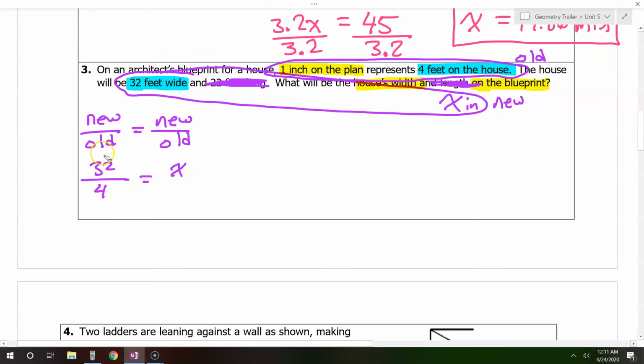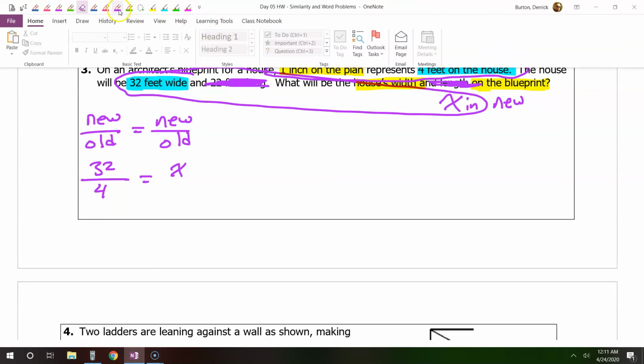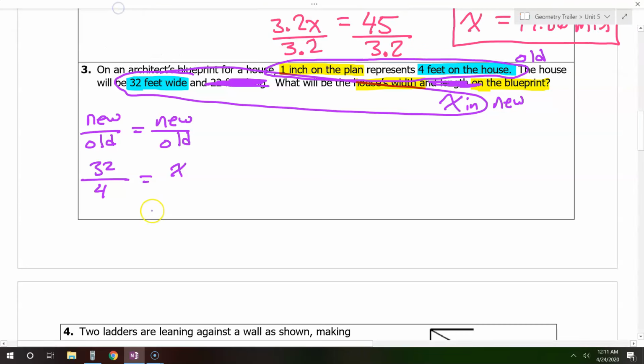So really, all we are doing is dividing by 4, which you can tell by common sense, but I wanted to go through these motions because it won't always be this obvious. So 32 divided by 4 is 8, and don't forget that on the blueprint, we're talking about inches.